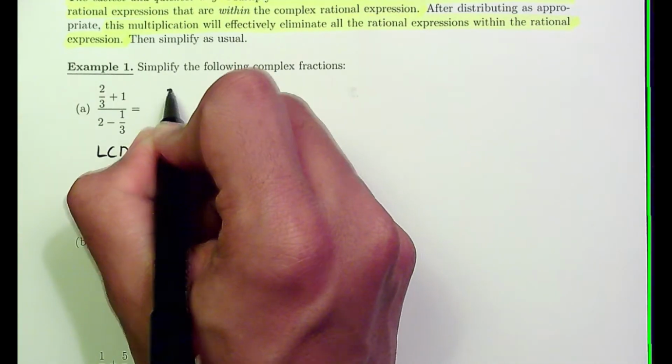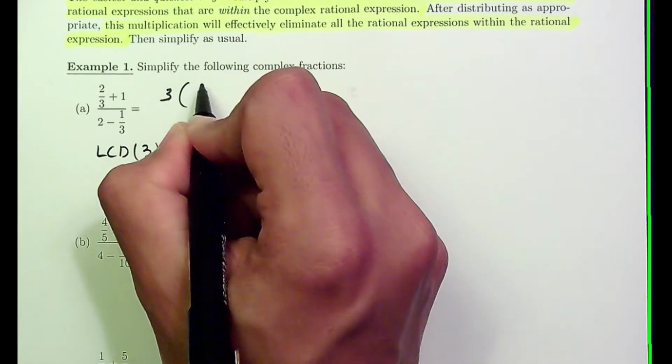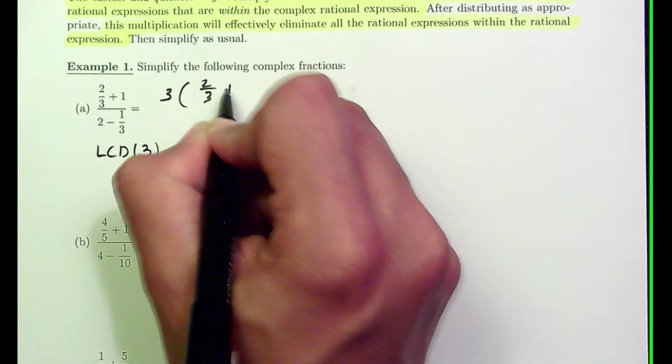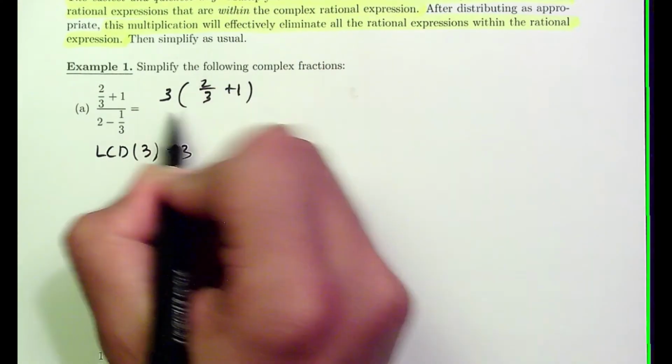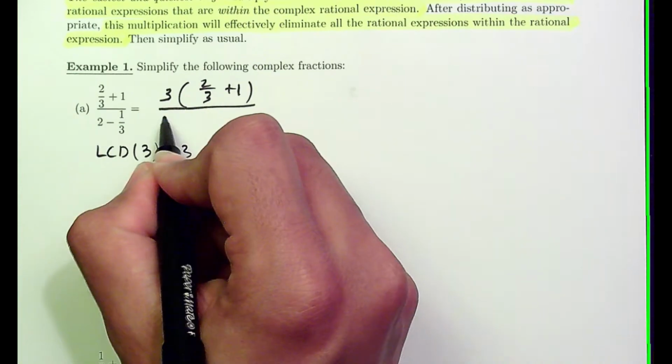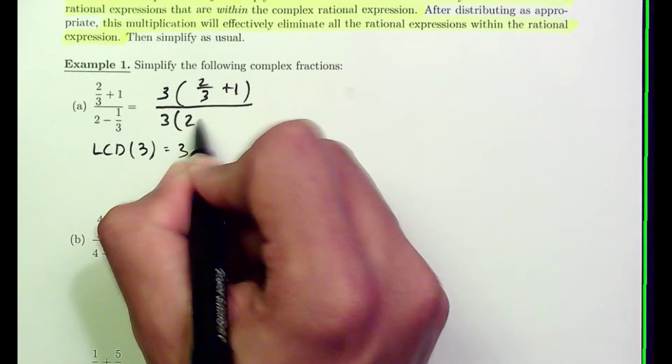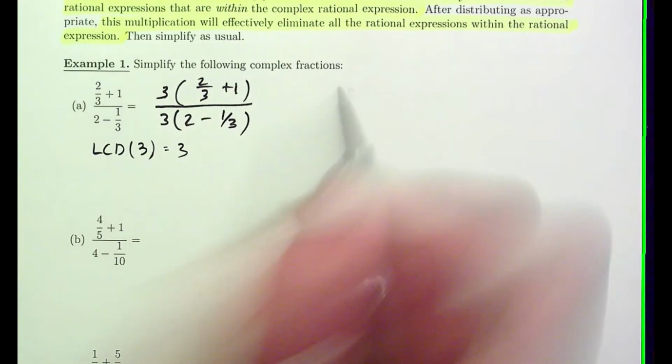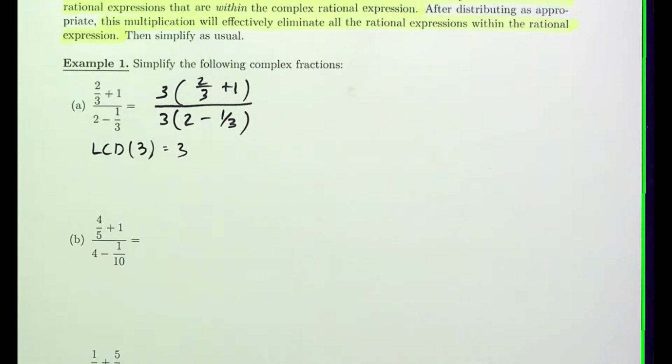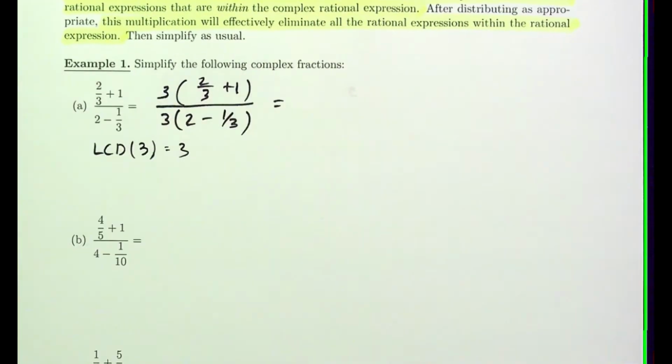Okay. So multiply the whole thing on the top by 3. And similarly, you're going to do the same thing for the bottom. Okay, so you're going to multiply everything by 3, top and bottom. And then when you distribute, if you do this right, all the fractions are going to get cancelled.